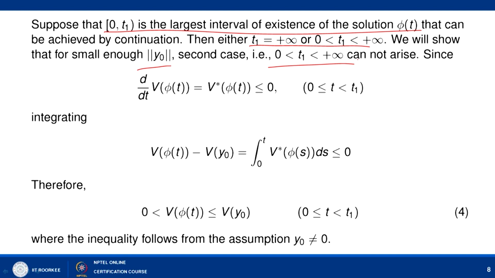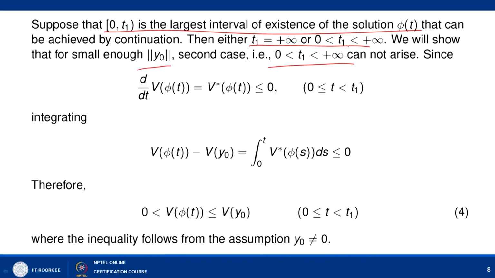The idea is to show that if we take a solution inside the sphere of radius r, then it will remain all the time in the sphere of radius r. So, the possibility that t1 is less than infinity may not arise. So, t1 has to be equal to infinity.